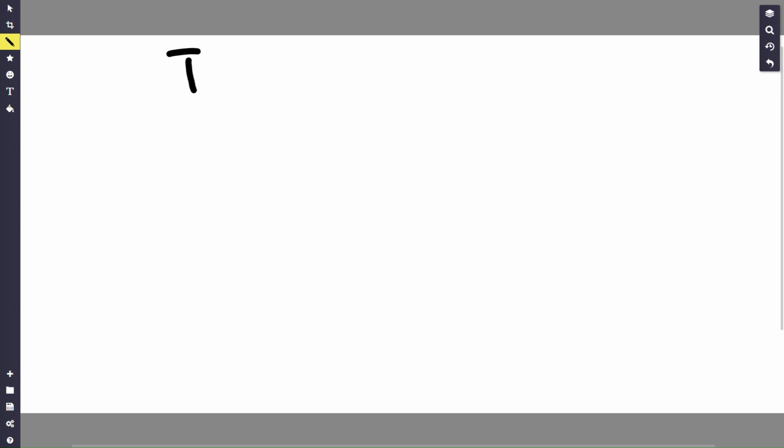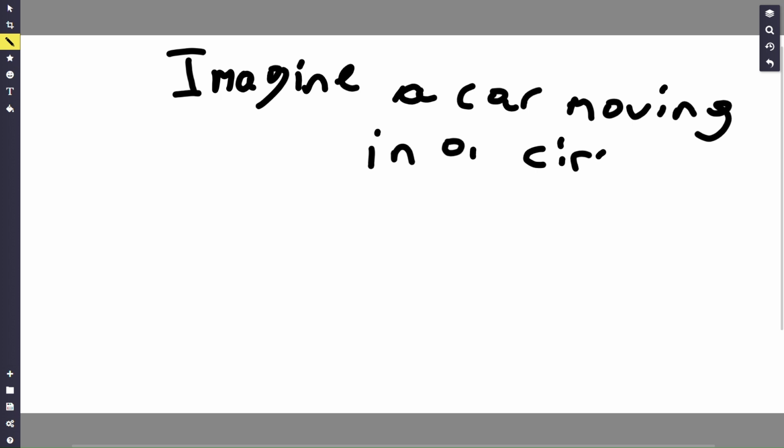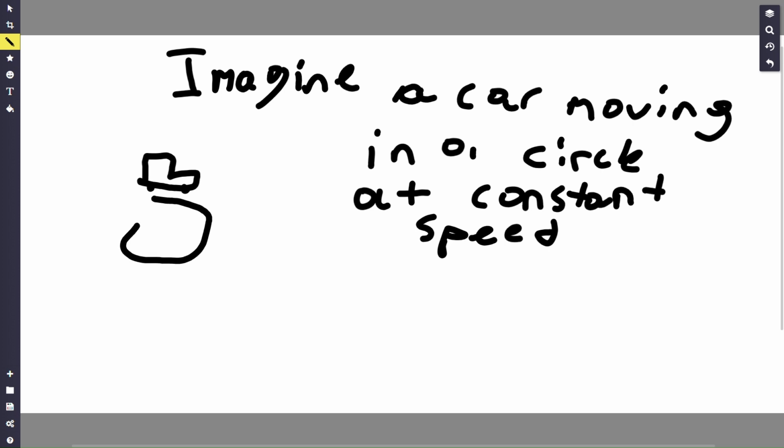Imagine a car moving in a circle at constant speed. So here's a car, and it's moving in a circle.